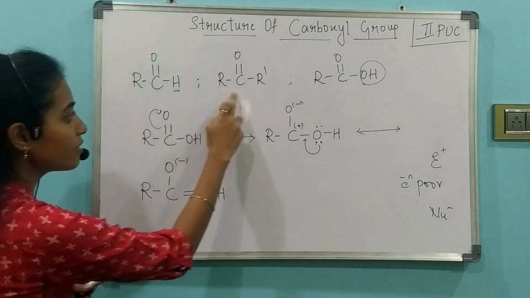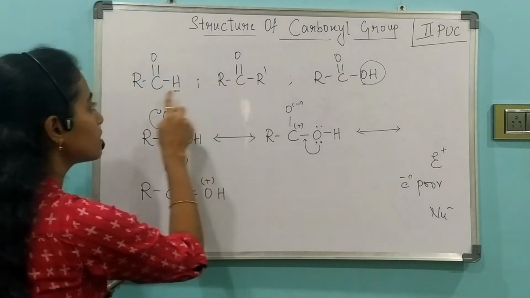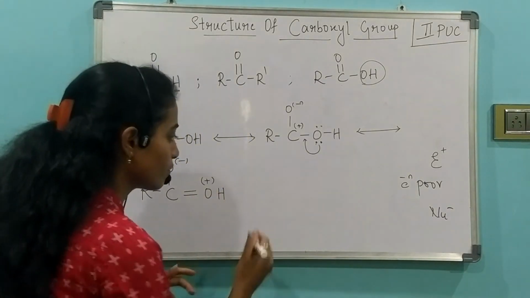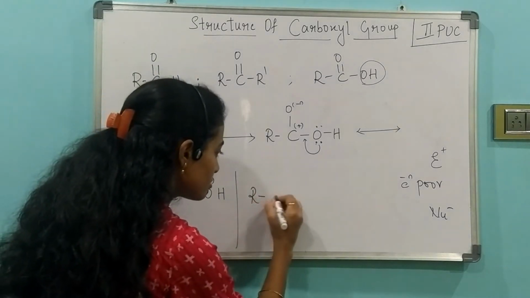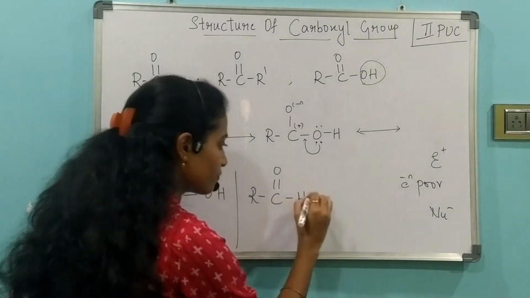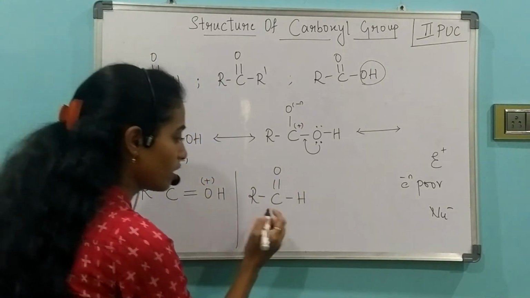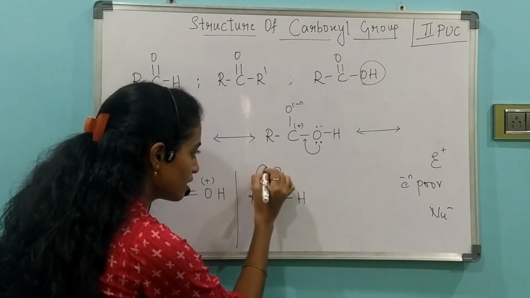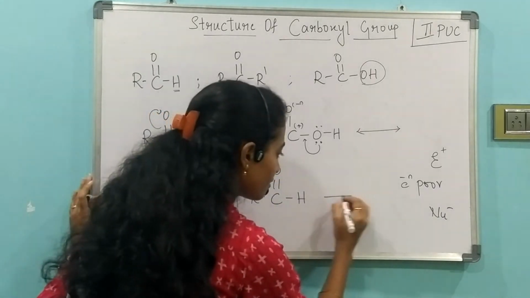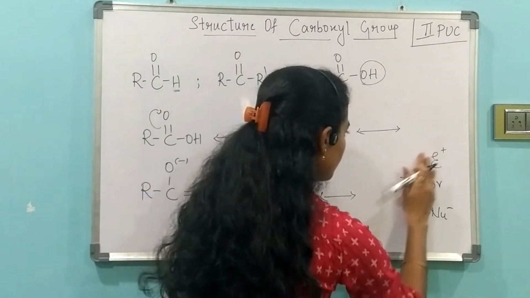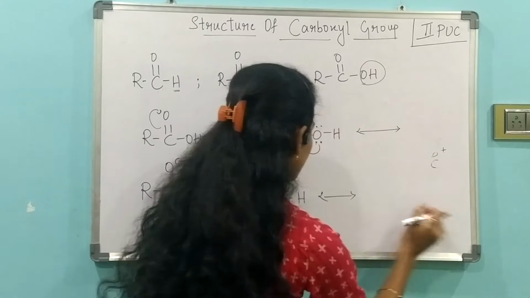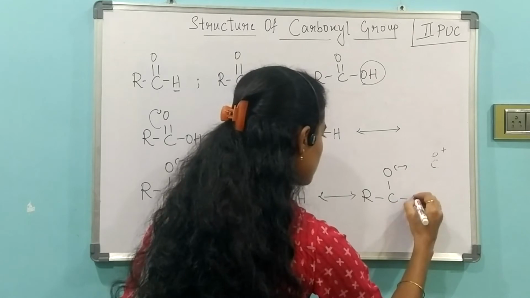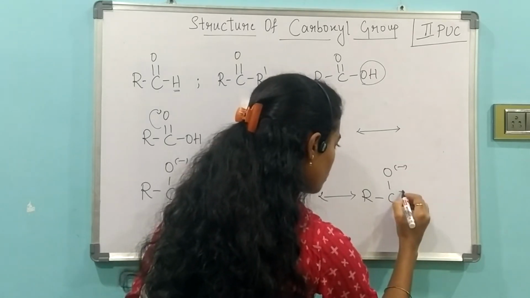But if you see the aldehyde and the ketone, here nobody is there to help this carbon. These are more electrophilic in nature. If I want to explain it, I'll just take it here. RC double bond O H, in the case of aldehyde, same story. The carbon is less electronegative compared to oxygen, so oxygen takes the electron from here. And what you will get is RC single bond O minus H, and the oxygen will become positive in it.